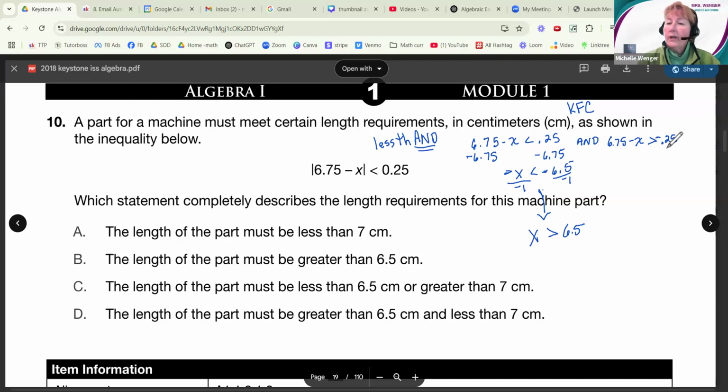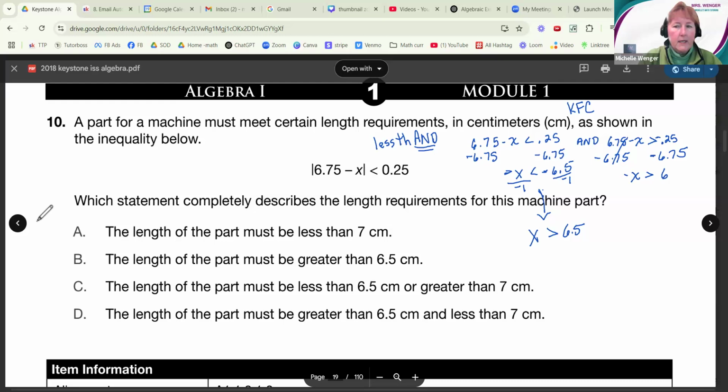That's half of it. We're going to do the same process, but we will get different answers. So again, I will subtract the 6.75 from both sides. Okay, the goal is you want to keep that variable on the left. It's helpful in the long run. Okay, that leaves you with negative x is greater than 6. Oops, sorry, my bad.